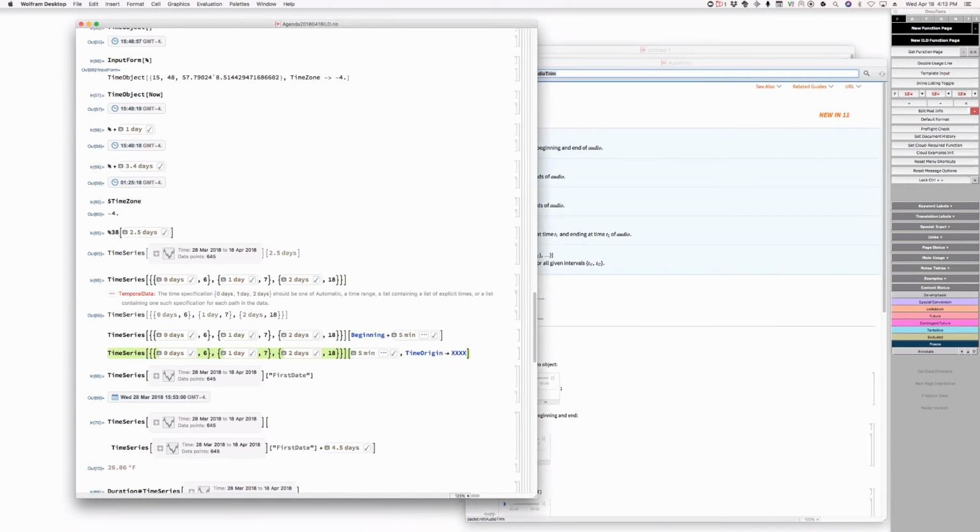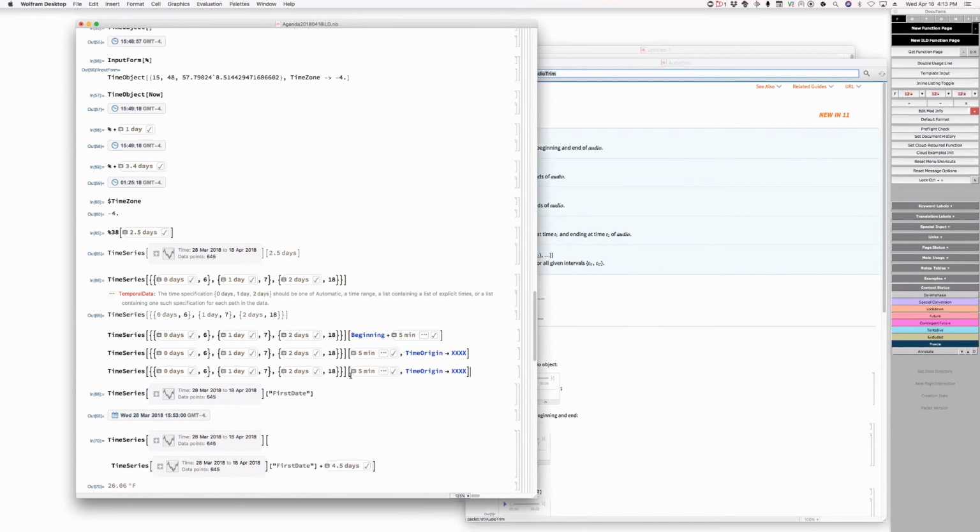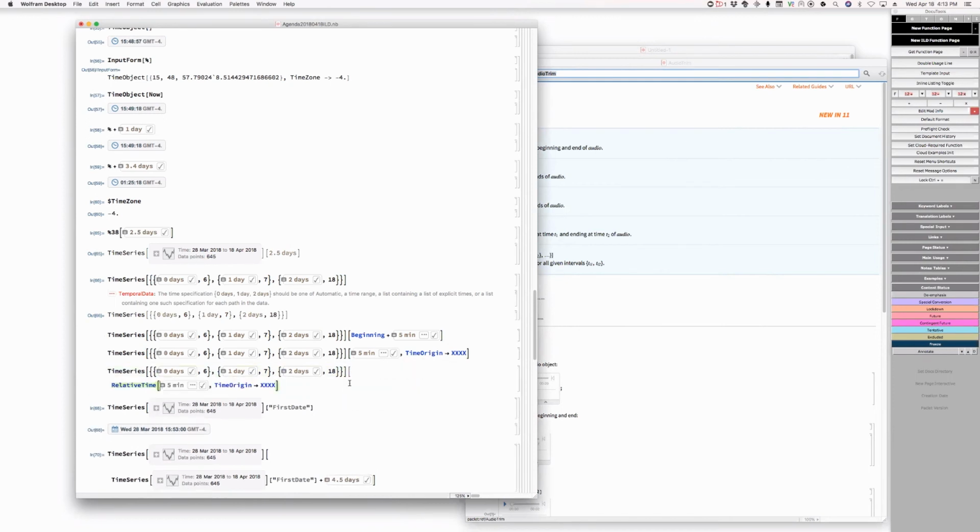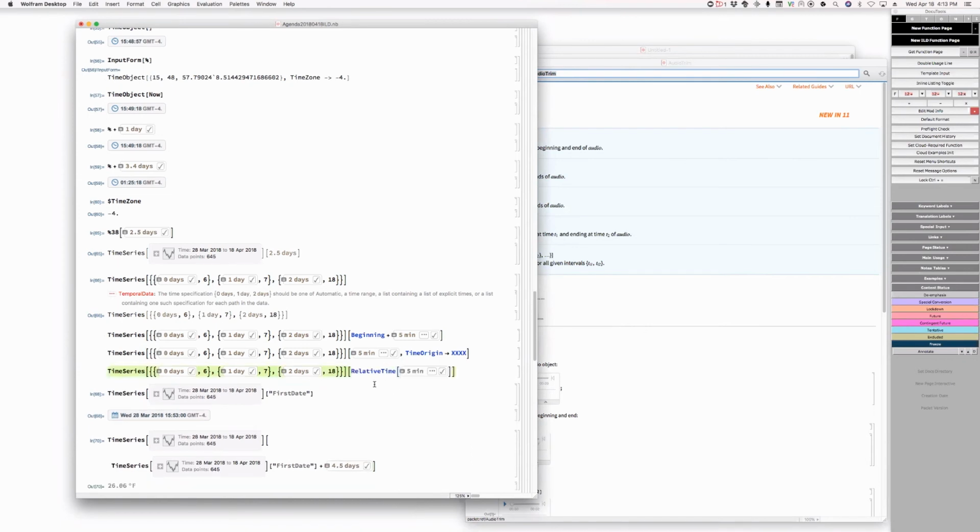I don't think that's right. Yet another alternative would be relative time. What do we think about that? So where else would that be used? Let's imagine there was a notion of relative time.